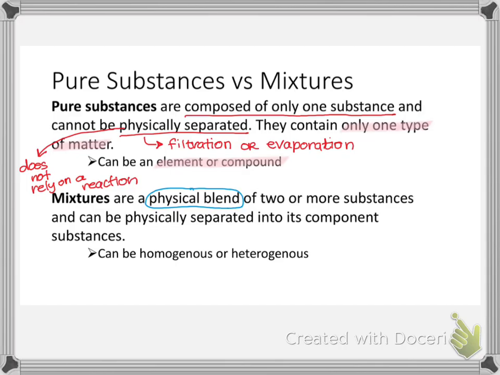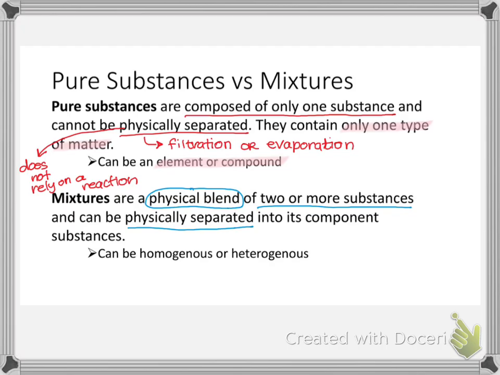So when you mix two or more pure substances, they will form a mixture, and you can physically separate them. Again, thinking about salt water, you could evaporate the water and get the salt. So there are ways to separate them.